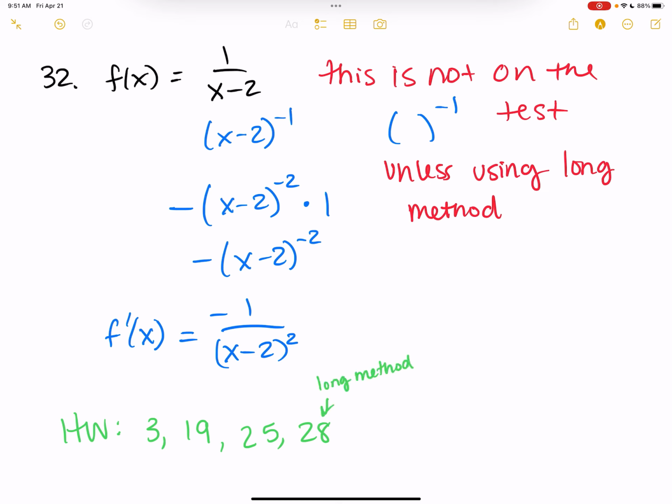The other ones you can use the short method. And then 29 and 31. Some of those are literally just finding the derivative, like the last two. And 19 is the slope problem, so it's a little long, but it shouldn't take you a super long time to do them.